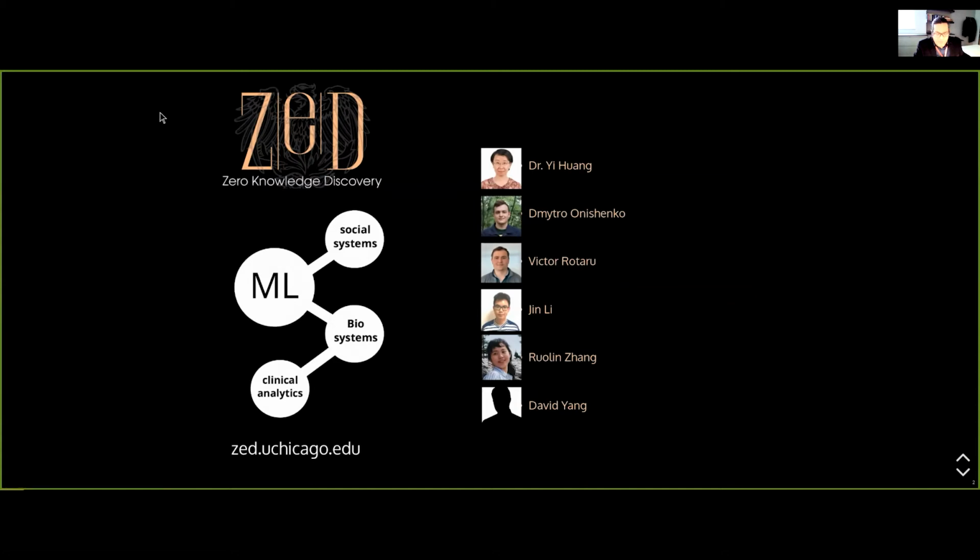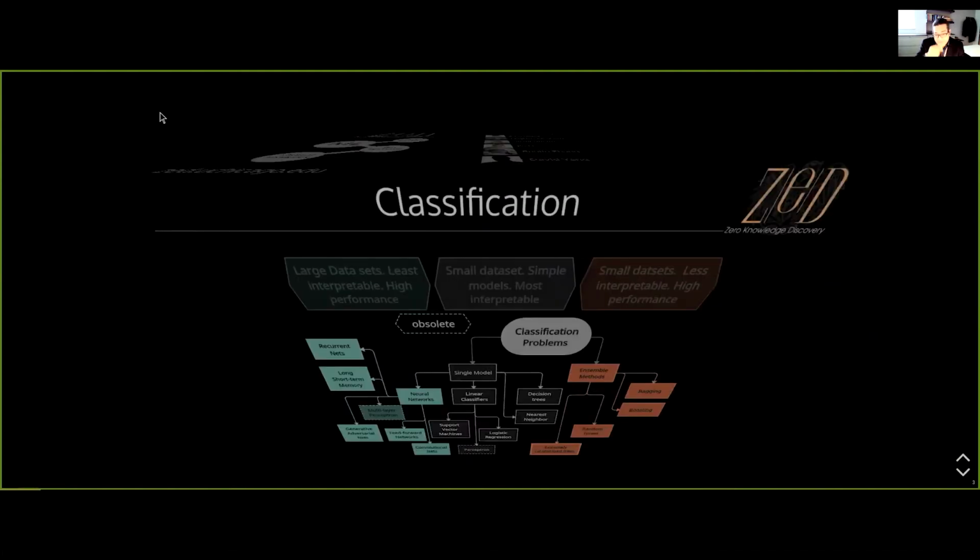What we do in our group is look at hard problems of data science, particularly related to biology, biomedicine, or social sciences. And we are interested in not just using machine learning as an off-the-shelf tool, but looking into problems which require design or improvement of existing algorithms.